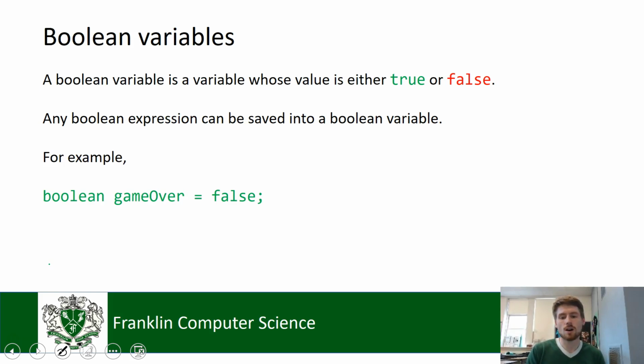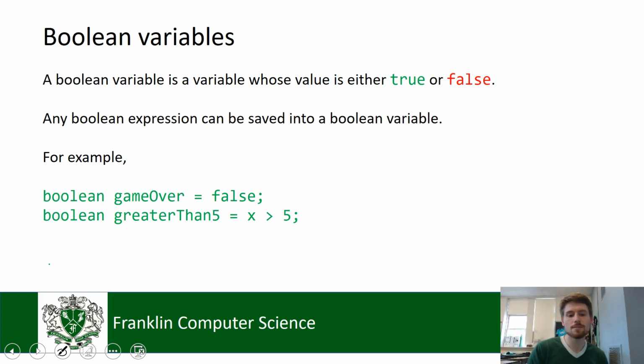Boolean variables are there to save Boolean values. So boolean gameOver equals false. This is often used to have a game run until the game is over, so I turn it to true and then I stop the game. So this could be a simple Boolean variable.